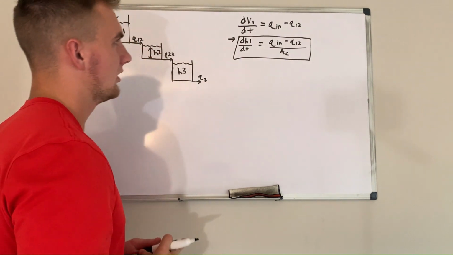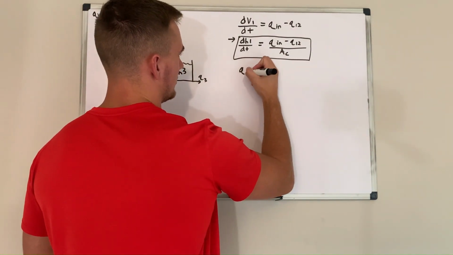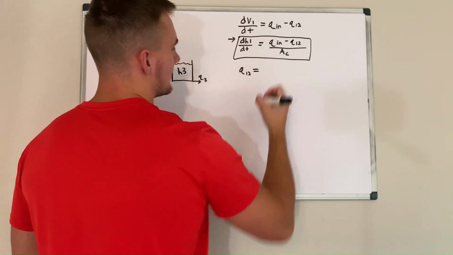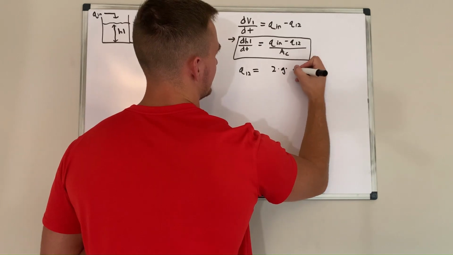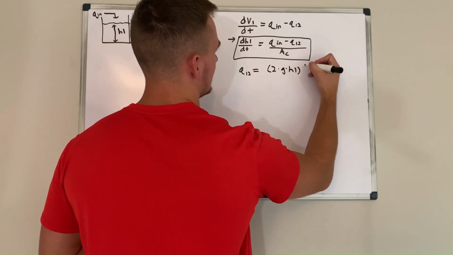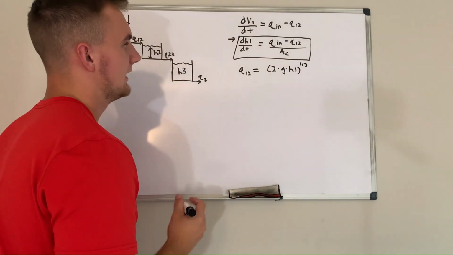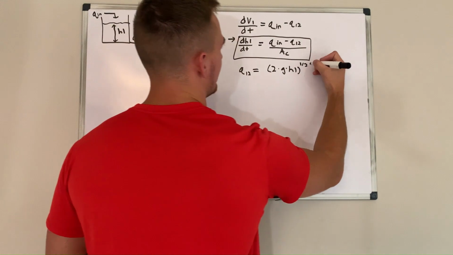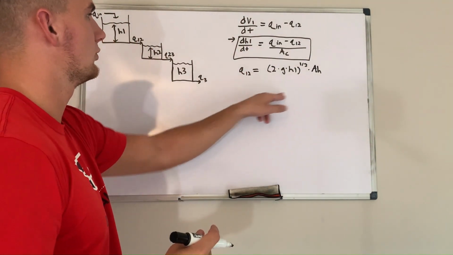Now we can also say here that Q12 is equal to 2 times G times H1, raised to the 1/2 power. And I believe we have to end up multiplying this by the area of the hole.